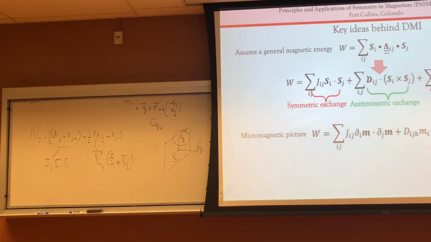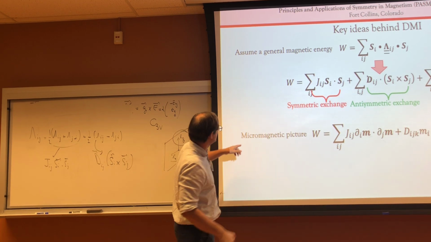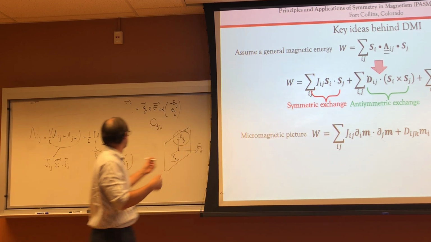So I can also look into my energy not on the atomistic level, but on the continuous picture, the micromagnetic picture, which means that I need to do the following.